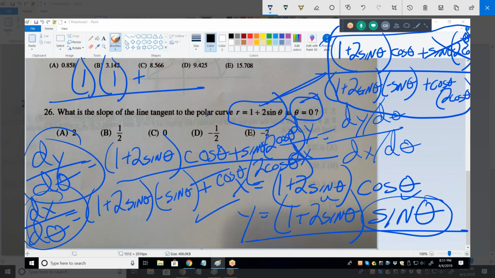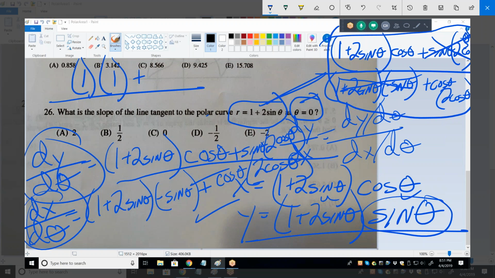We're dividing it by 1 times negative sine of 0, which is 0, so this whole term goes away. When you multiply something by 0, the whole thing disappears.